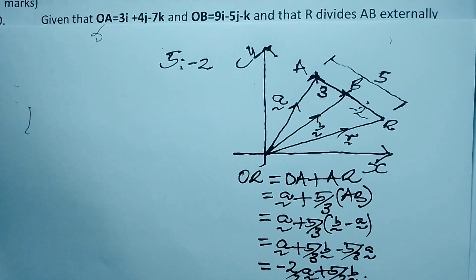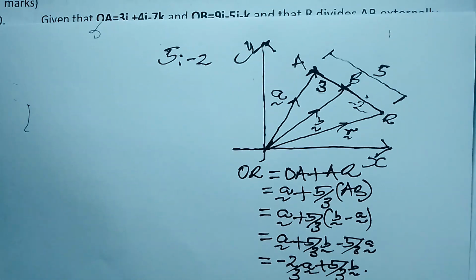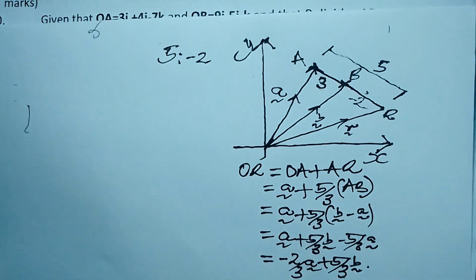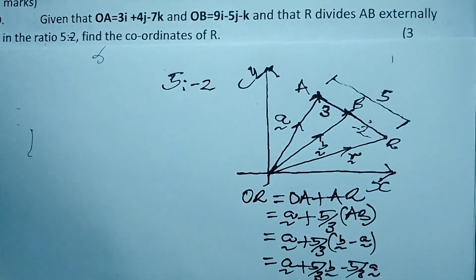Now, using ratio theorem, it would imply that the position vector of the point R is given by negative 2 over 3 A plus 5 over 3 B. Now let's go back to our question.